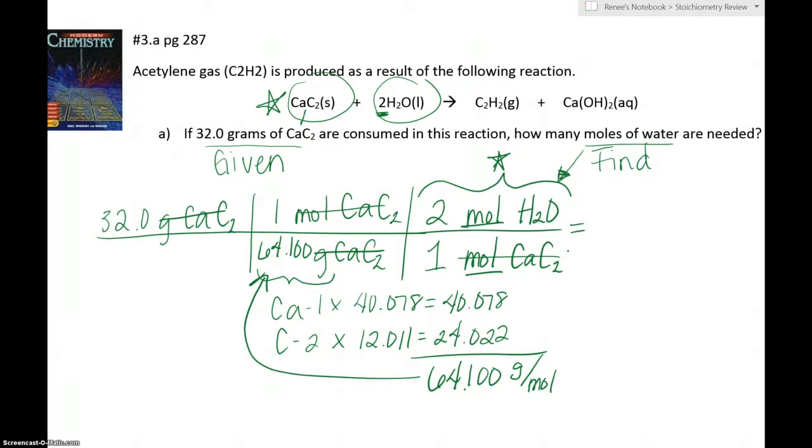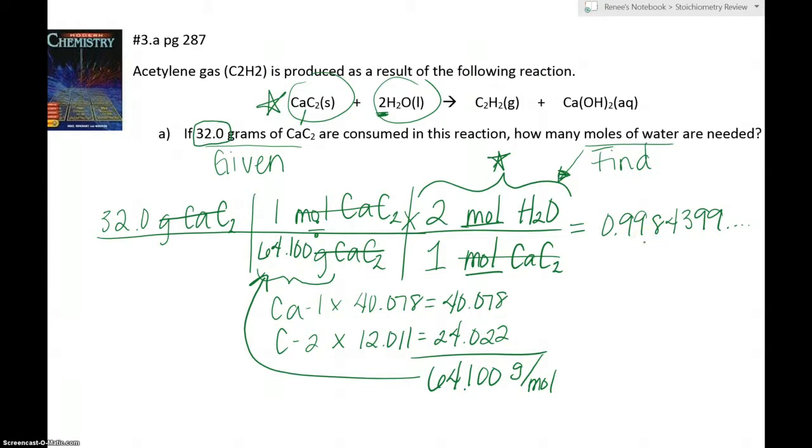And if we do that calculation, we would put in our calculator 32 divided by 64.10 times 2. And we should get some crazy long number that looks something like this, 0.9984399, etc. But if you look, in our question there are only 3 significant digits.